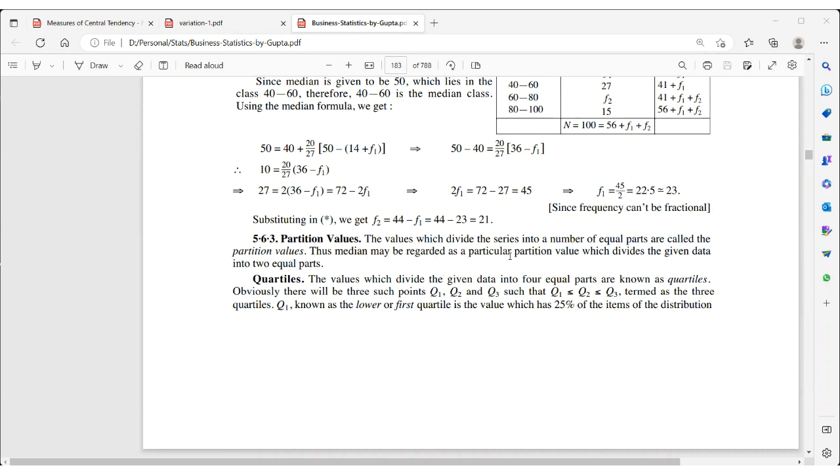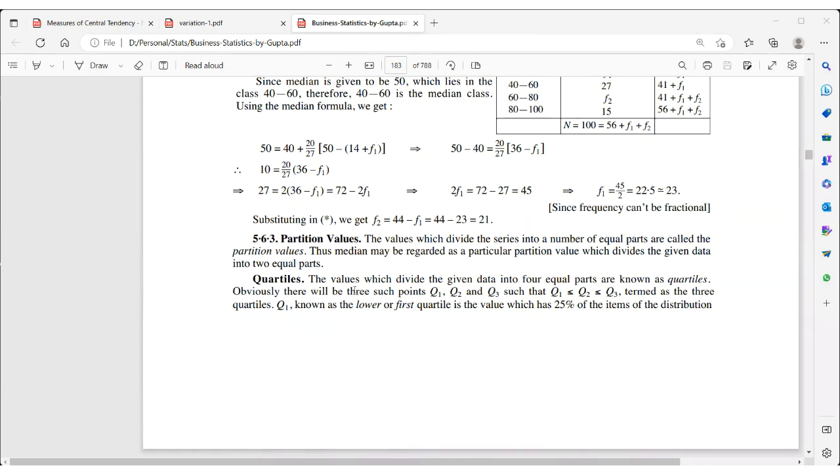The median is the partition value which divides the data into two equal parts. Now, quartiles. If we divide the data into quarters, that means four parts, the values that divide the given data into four equal parts are known as quartiles.